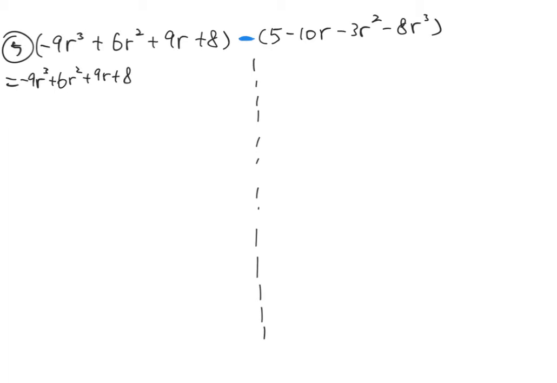And then we minus the 5, minus the negative 10r, minus the negative 3r squared, and then minus the negative 8r cubed.